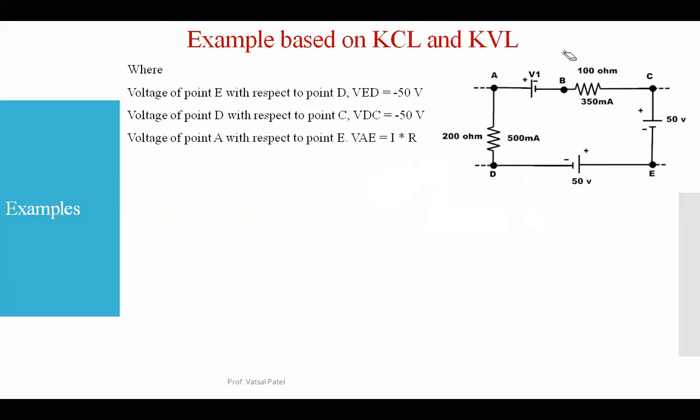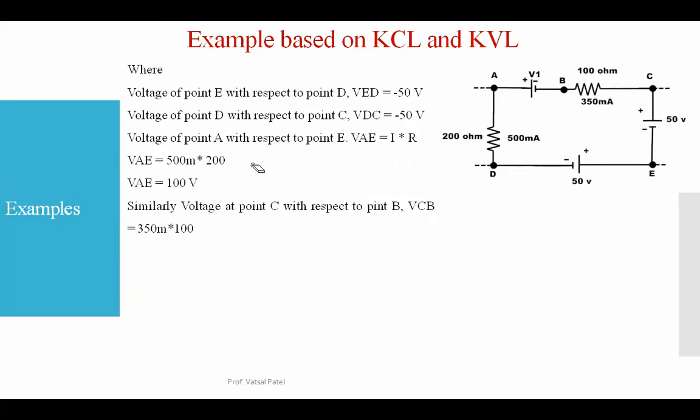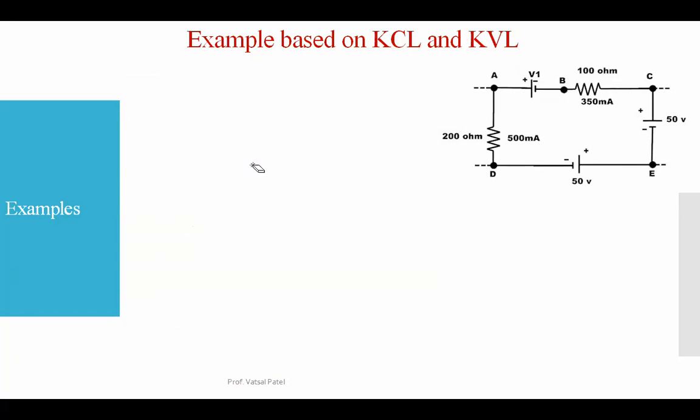The voltage of point A with respect to E, that is I into R, identified as 100 volt. Similarly, the voltage of C with respect to B we identify as 35 volt. And if you apply KVL, you will get V1 equal to 35 volt. Do you understand?